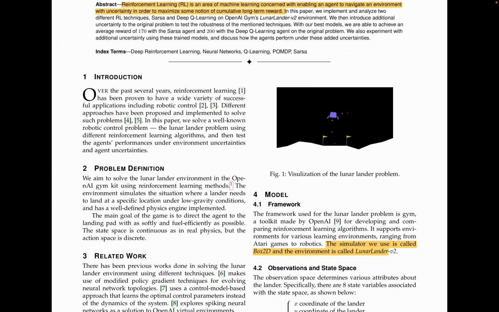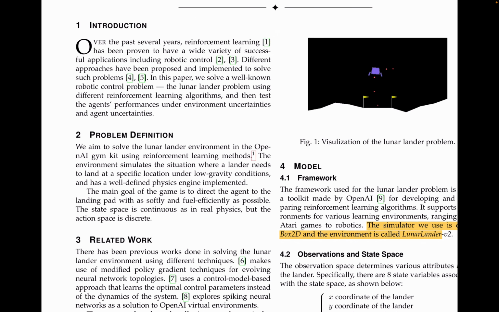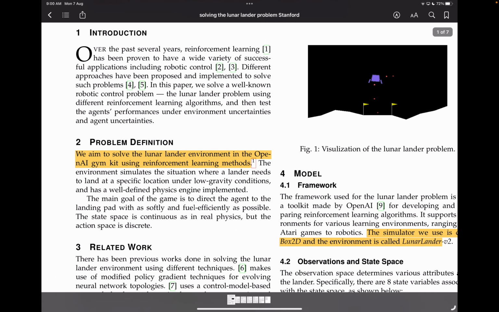So in the problem definition, we aim to solve the lunar lander environment in the OpenAI Gym kit using reinforcement learning methods. The environment simulates the situation where a lander needs to land at a specific location under low gravity conditions and has a well-defined physics engine implemented. So it's actually a combination of physics and computers, right?